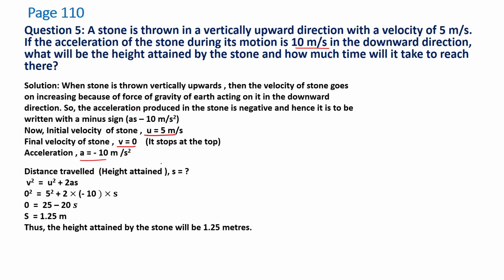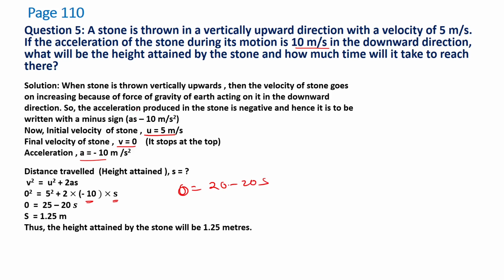So the distance traveled can be found out using v square is equal to u square plus 2as. The final velocity is 0, so 0 square is equal to the initial speed 5 squared plus 2 times the acceleration, which is minus 10, times s, the distance traveled that we have to calculate. 5 square is 25 and 10 into 2 is 20, so minus 20 s. So 0 is equal to 25 minus 20 s.